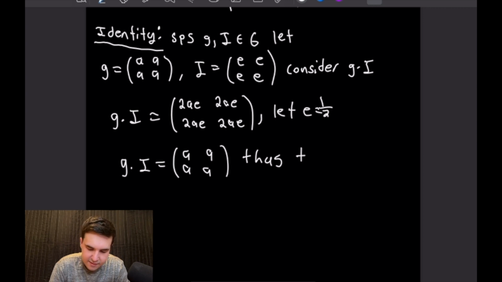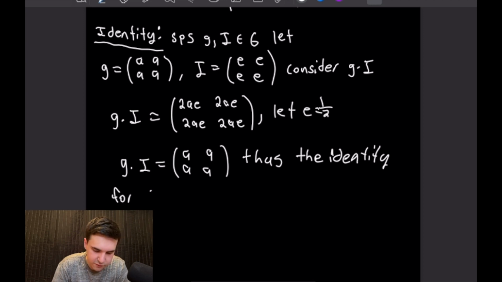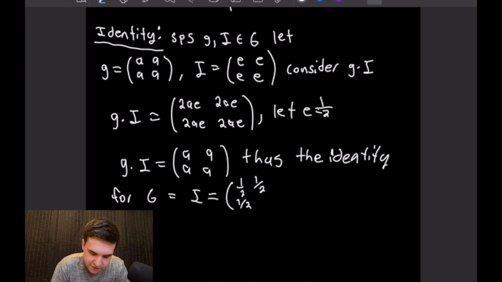So thus, the identity for our set G, so I'll go ahead and write that, for G is going to be equal to I, which is equal to the set of all entries being 1/2 in this 2 by 2 matrix here.